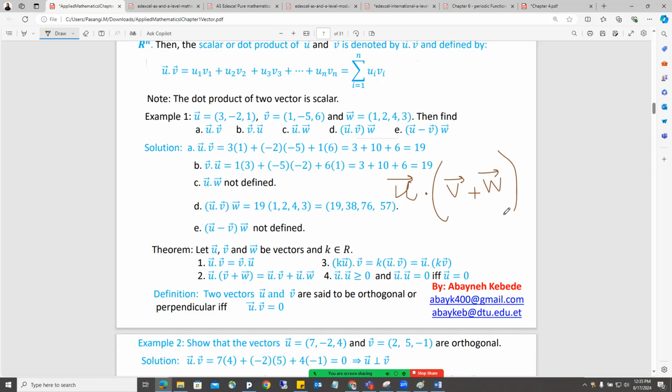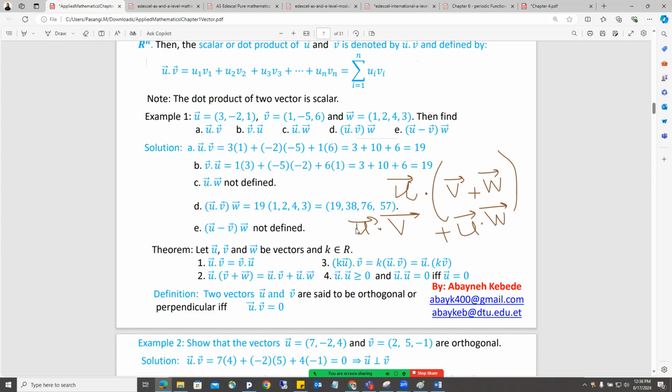Is it clear? This one we can rewrite as vector u dot v vector plus u dot w vector. That is the second identity. Okay, is it clear? The first one and the second one.